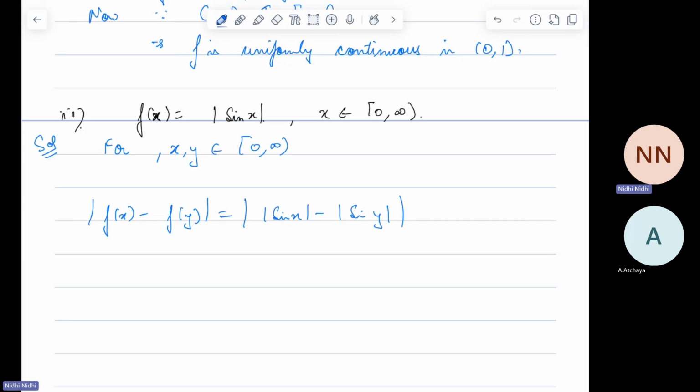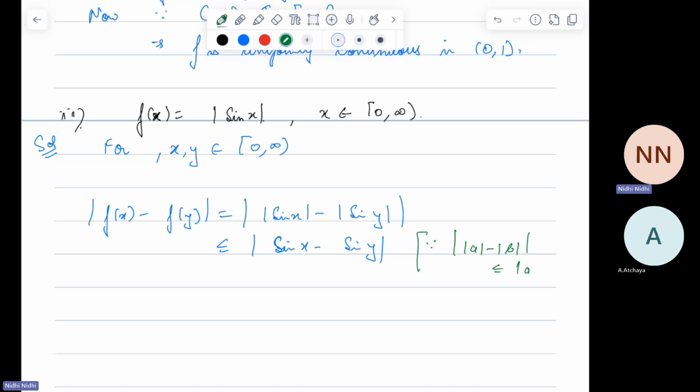We know that mod a minus mod b is less than or equal to mod a minus b. So this will be less than or equal to mod sin x minus sin y.